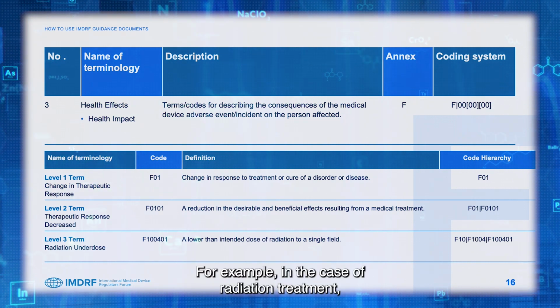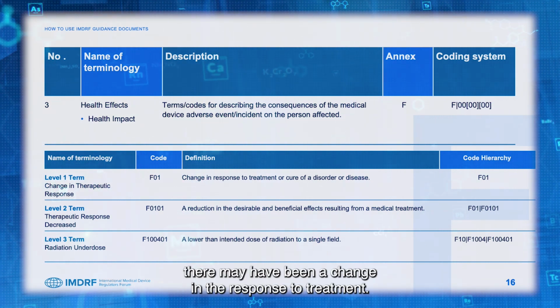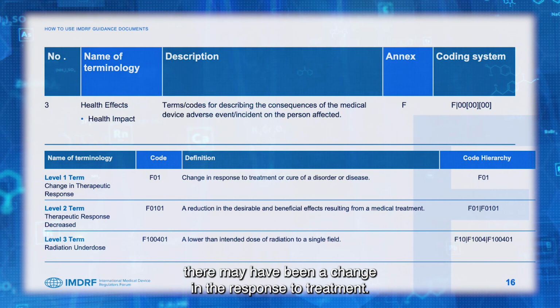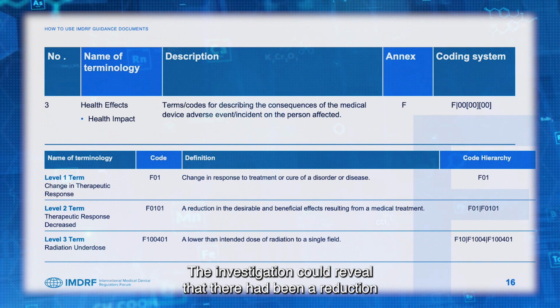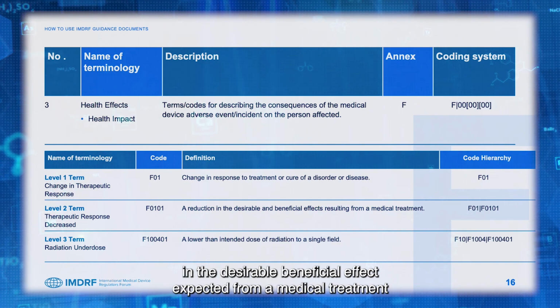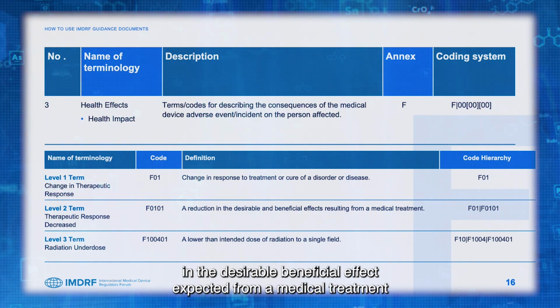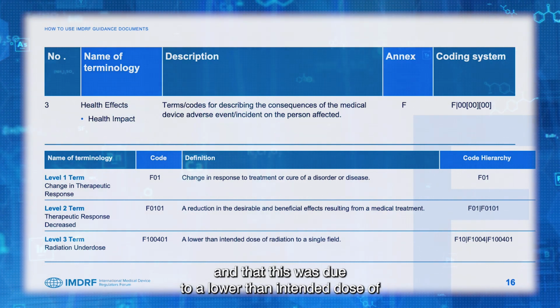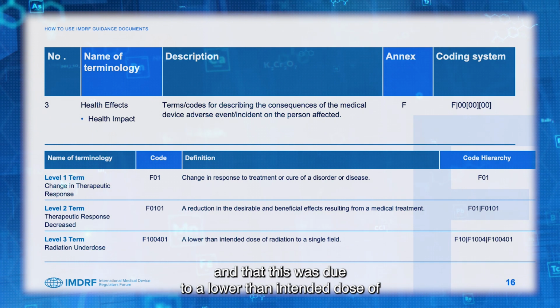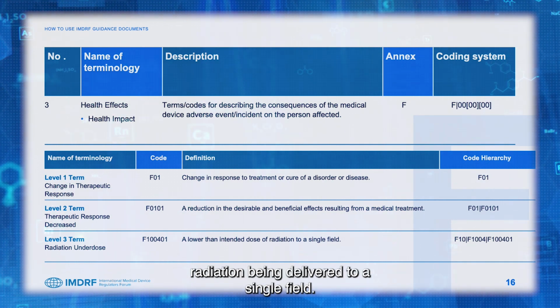For example, in the case of radiation treatment, there may have been a change in the response to treatment. The investigation could reveal that there had been a reduction in the desirable beneficial effect expected from a medical treatment, and that this was due to a lower than intended dose of radiation being delivered to a single field.